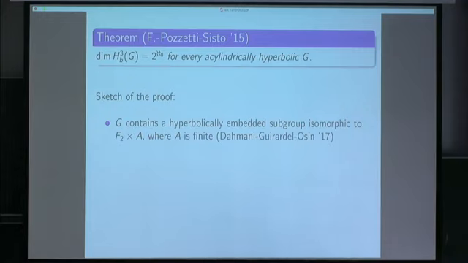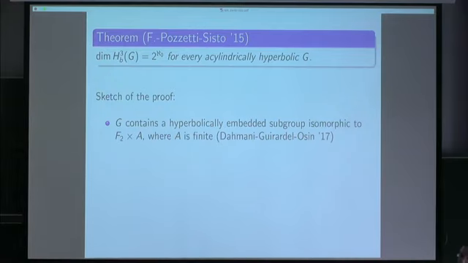So the sketch of the proof is this one. Any acylindrically hyperbolic group contains a hyperbolically embedded subgroup isomorphic to the product of a free group and a finite group. Here, hyperbolically embedded subgroup is a non-trivial definition, but what is important is that it has some convexity properties.